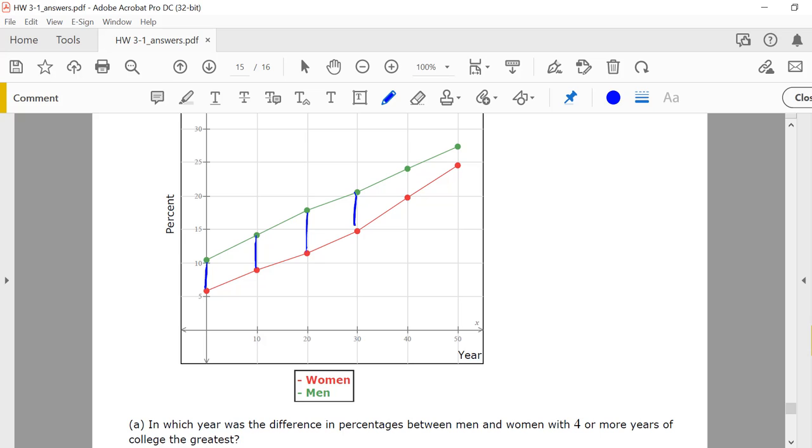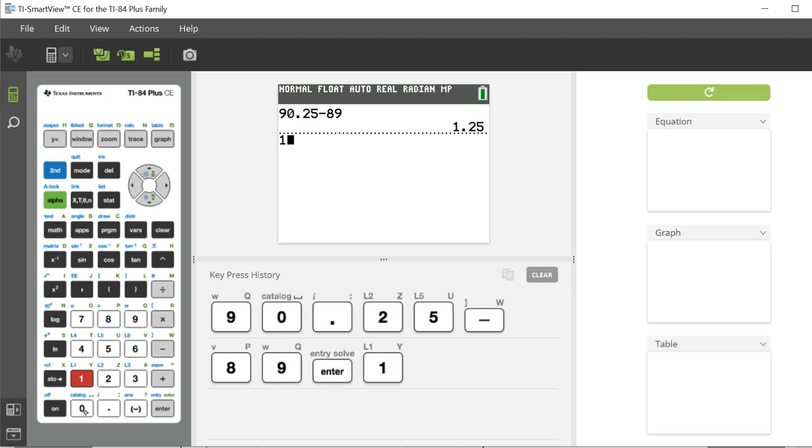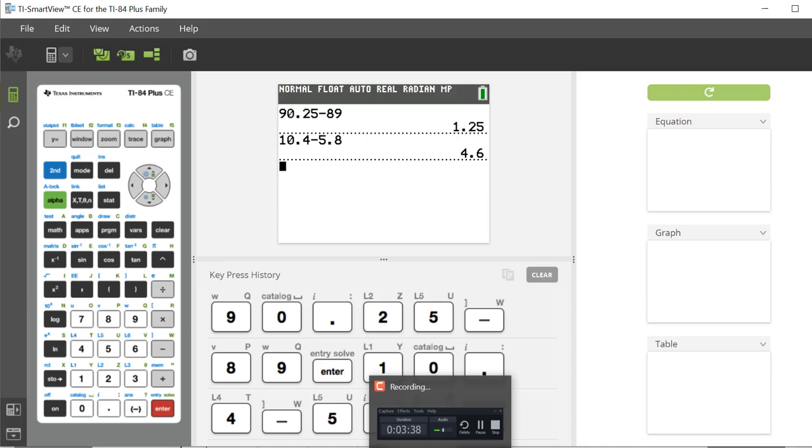And I'm guessing it's probably going to be there when X is 20. But let's go see exact numbers. I want to subtract these two numbers. 10.4 minus 5.8 is 4.6.